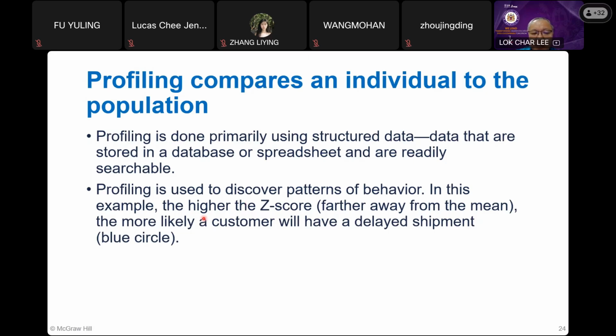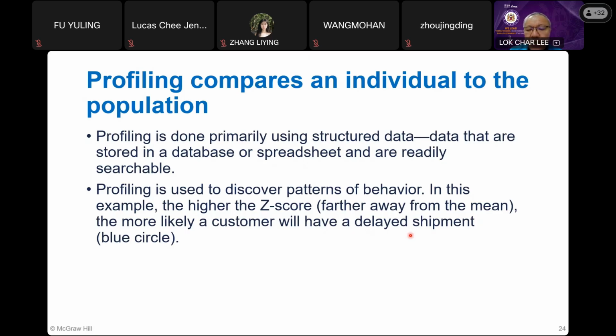In this example, the higher the z-score, the farther away from the mean, the more likely a customer will have a delayed shipment. So what we actually draw in the graph is whether the customer is away from the mean.